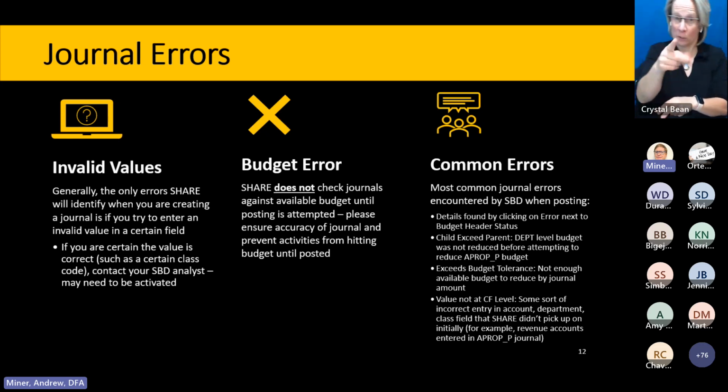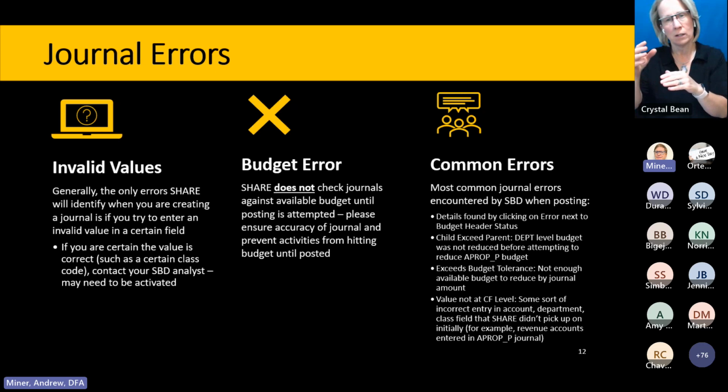Exceeds budget tolerance, so there's not enough available budget to reduce by journal amount. This would happen in a transfer journal where you're trying to transfer $500,000 out of the 200 category, and when we try to post it, you only have $300,000 left. You can't reduce a budget lower than zero.